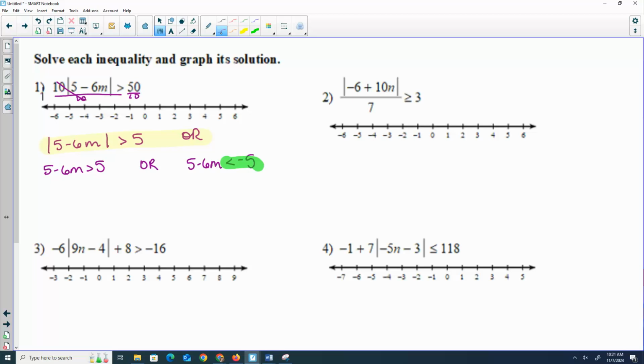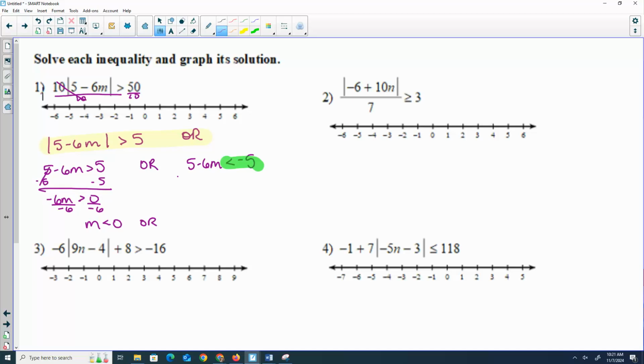Okay, is everybody okay with this part? Now this is another or problem like we were doing on the front side. So we solve it. We subtract our 5. So -6m is greater than 0. Divide by -6. When I divide by a negative, what happens? Flips. So the m is less than 0.